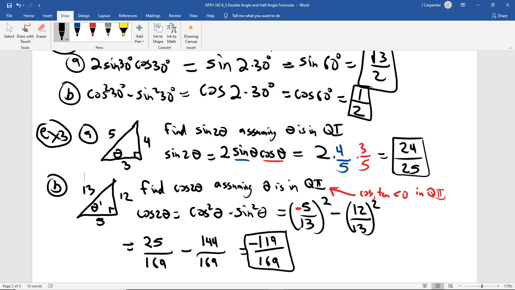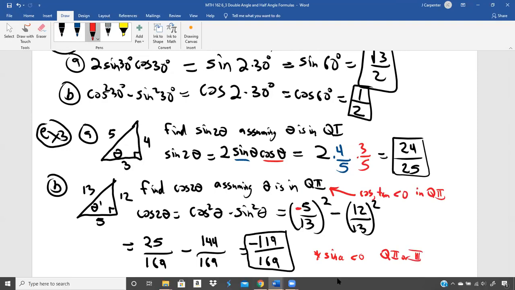The answer was negative. That says, just for extra knowledge, since this is negative and it's a cosine, cosine's negative in quadrant 2 or 3.